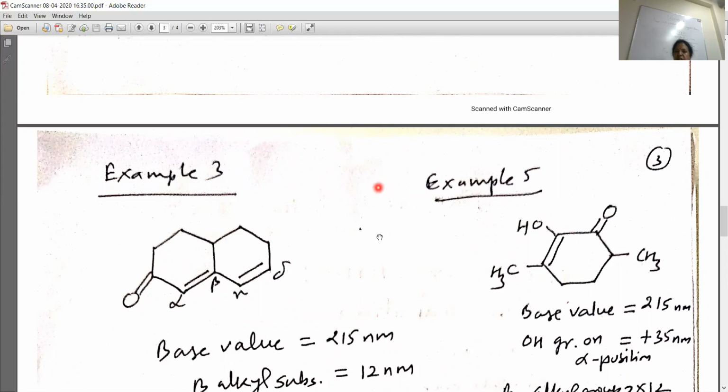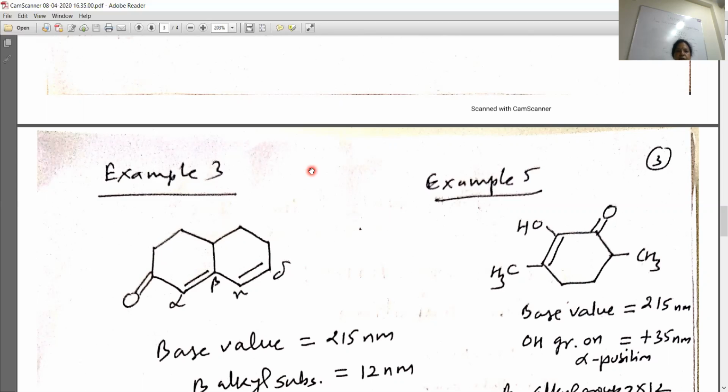Means if it is given that this is taken in water, then for the total lambda max value, suppose 214, you have to subtract 8 for water solvent correction. So 214 minus 8, it will become around 206.